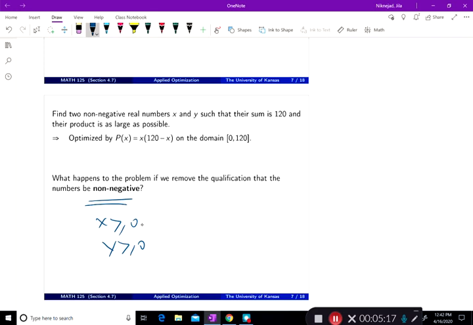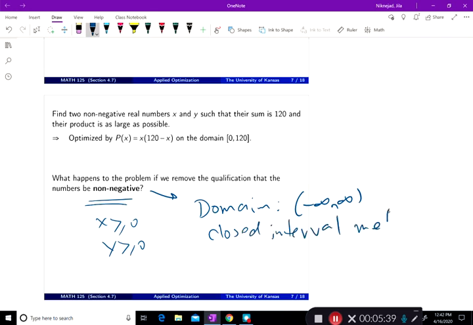So when I remove this, the domain is the same up to that point, but after that, domain becomes negative infinity to infinity. And then over here, I can't use the closed interval method anymore. Cannot be used.